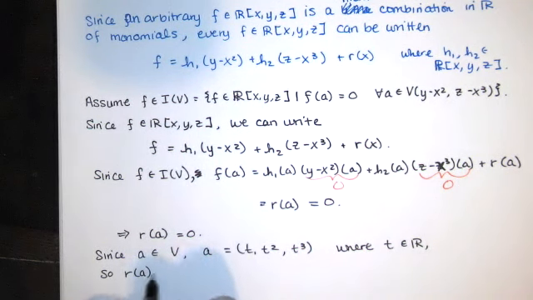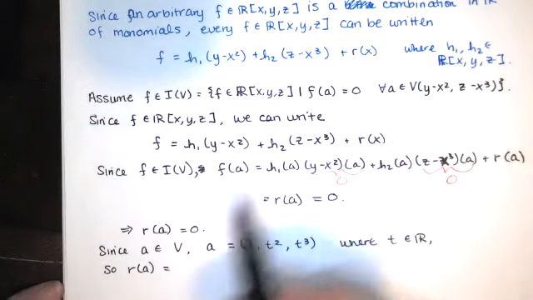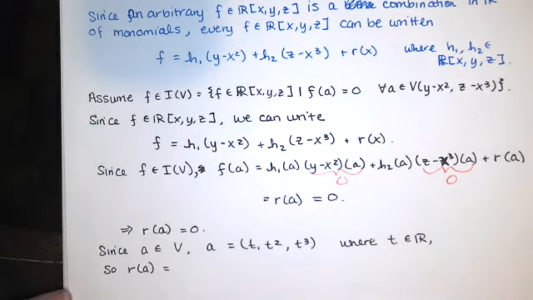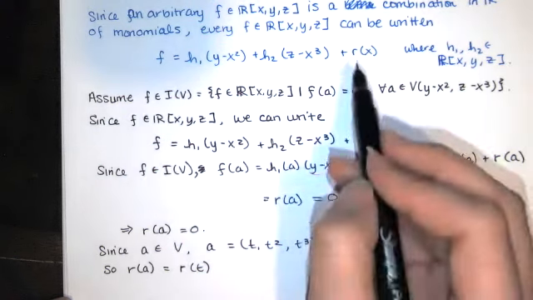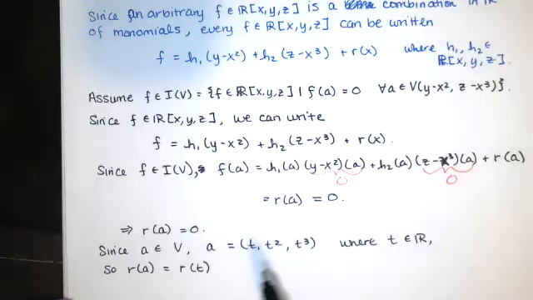So r of a is actually equal to r of t because r does not depend explicitly on y or z. I said the wrong variables. R depends only on x.